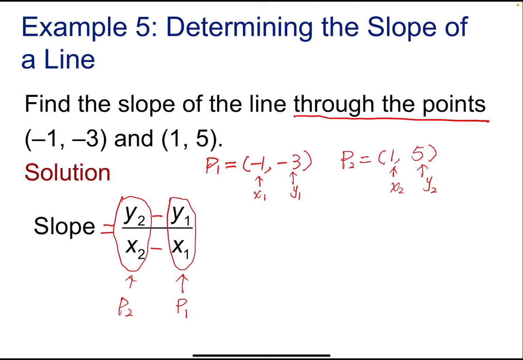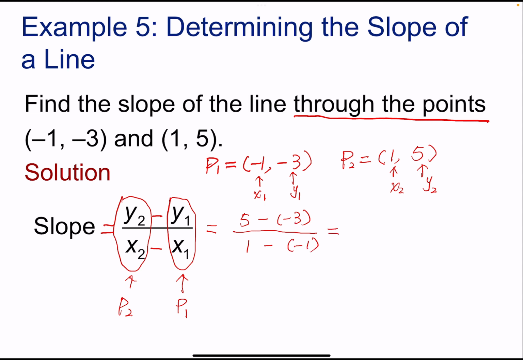Make sure you do not mix them. Okay, so you just plug in numbers. y2 is 5 minus y1 which is -3. Make sure you have the sign correct. And x2 is 1 and x1 is -1.